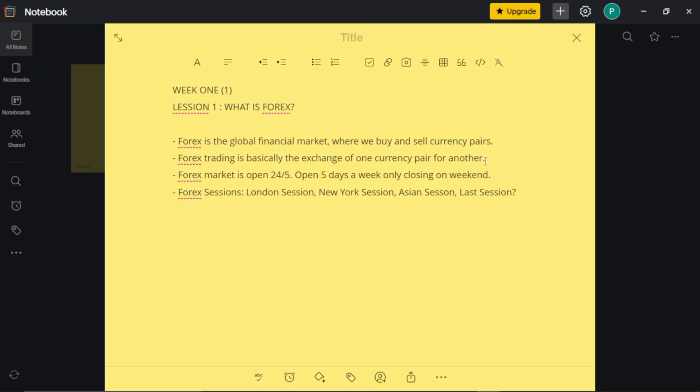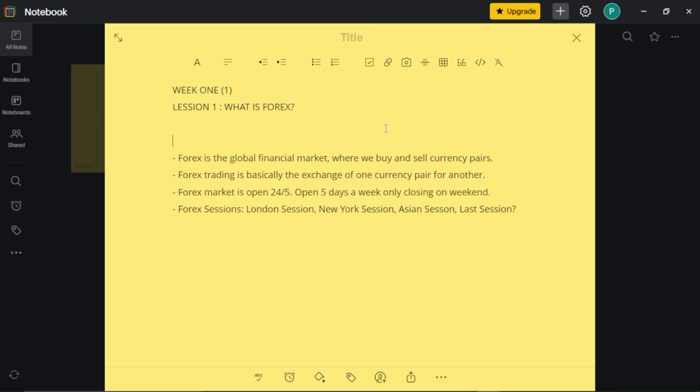You would expect the EUR/USD currency pair and the Great British pound US dollar currency pair to move better during the London and the New York session, because that's when the economies of those countries are active, right? So this first part falls under what we call definition of terms.